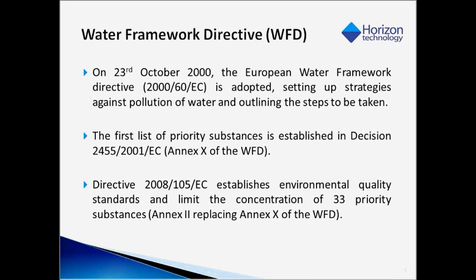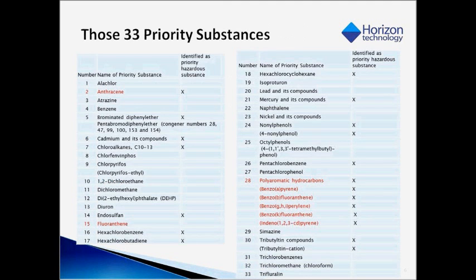So what are the 33 priority substances? This is the list. There are 33, but you can see in red, number 2 is anthracene, number 15 is fluoranthene, and number 28 is for polyaromatic hydrocarbons, and there are 5 different aromatic hydrocarbons that my colleague will discuss a bit later on.